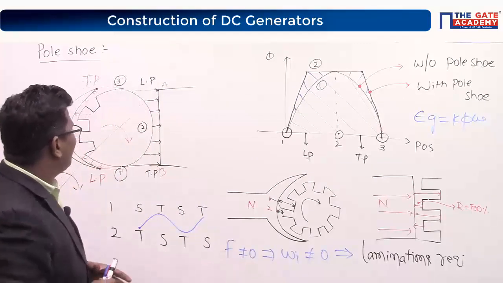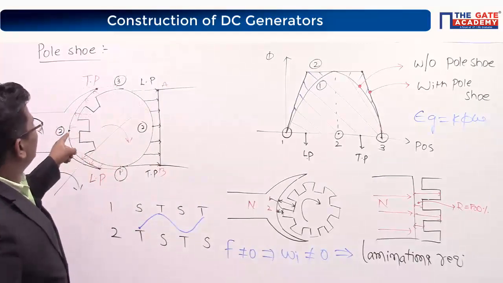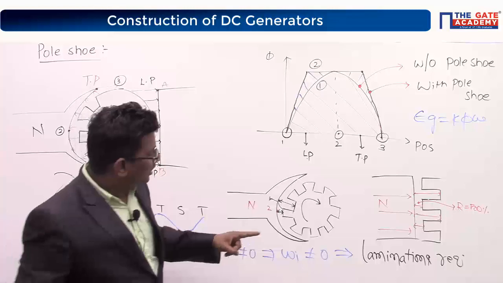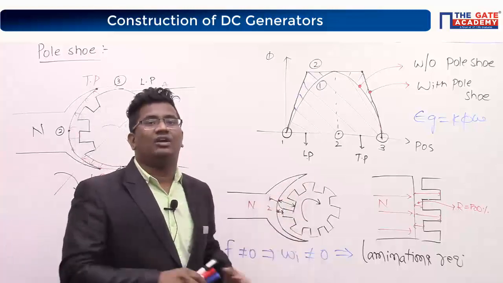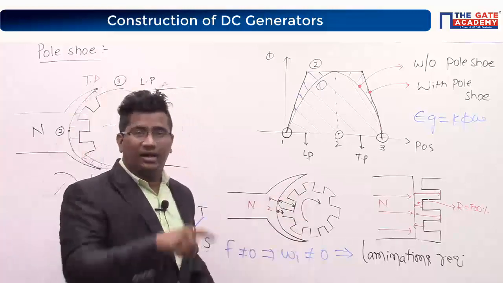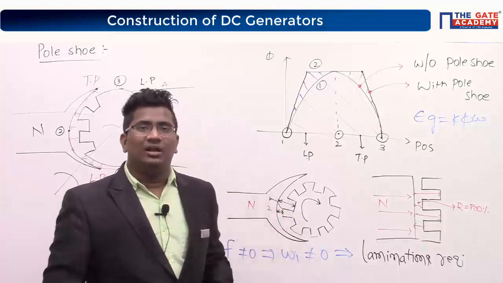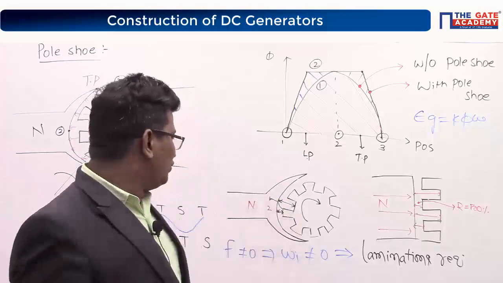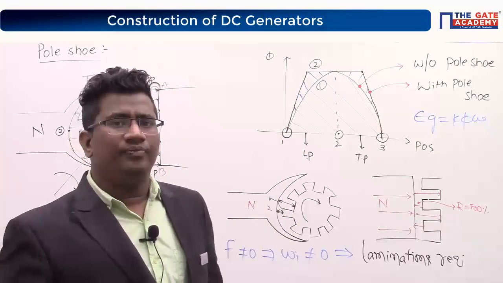The reason is simple. If your rotor does not have teeth and slots, for example, if your rotor is circular with no slots, will you get this sinusoidal?